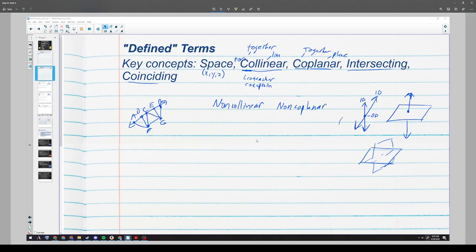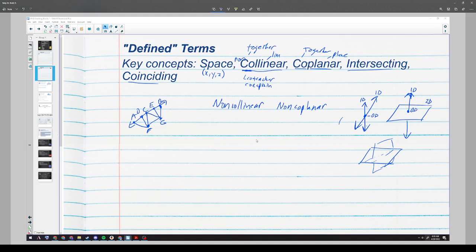So 2 lines are going to intersect at a point, and only 1 point. A line and a plane are going to intersect at 1 point as well. So we had a 2-dimensional object and a 1-dimensional object, and where they cross, we still have to step down. From this 1 dimension, we end up at 0 dimensions.